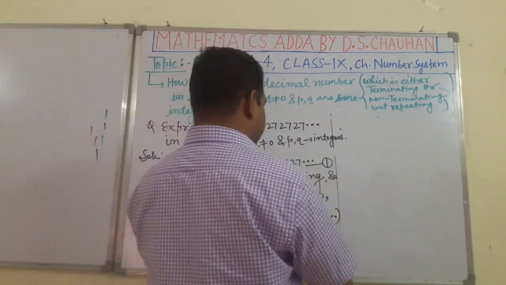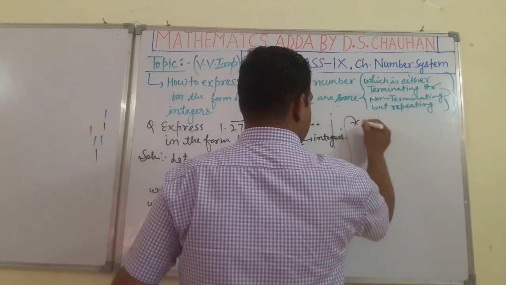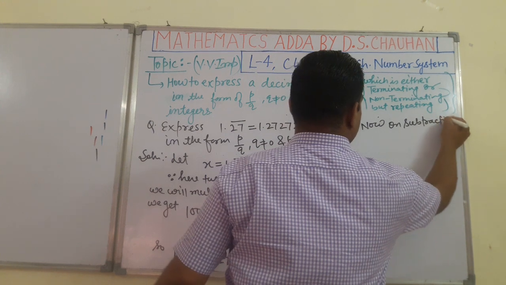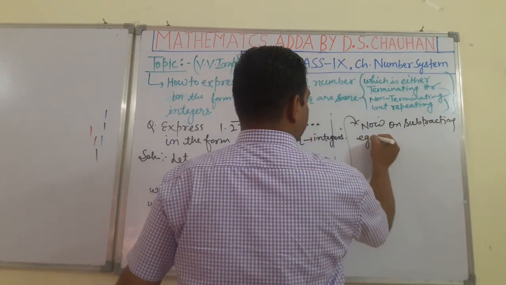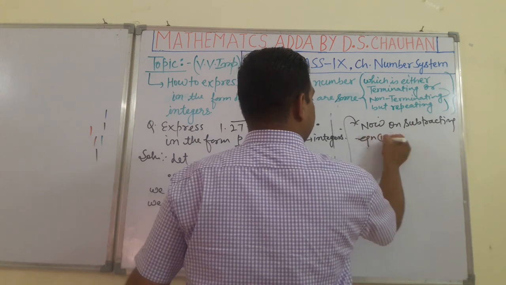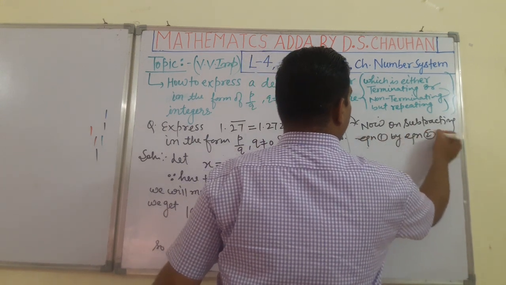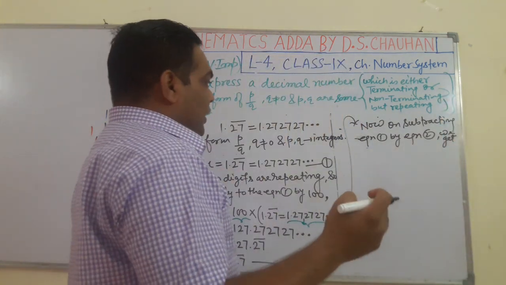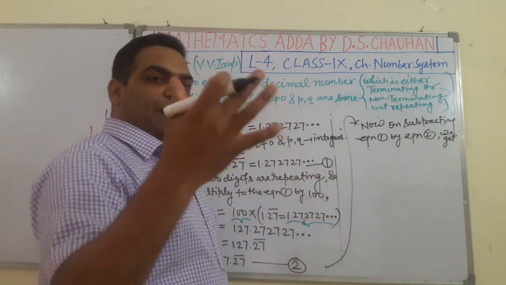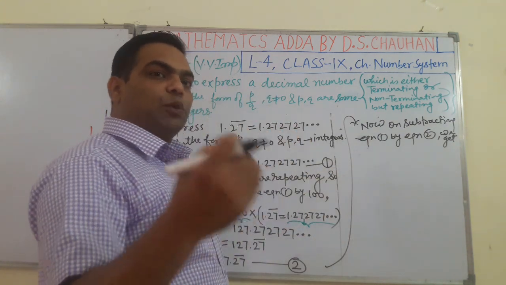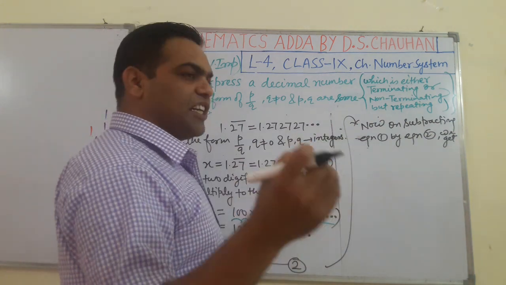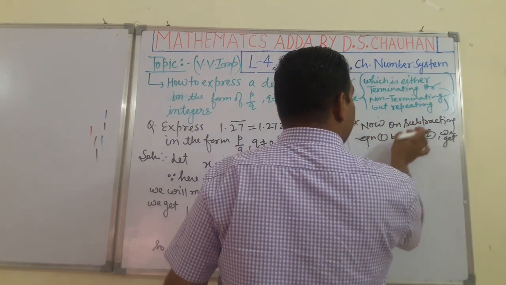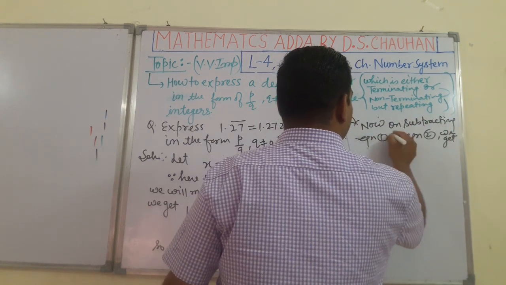So now, on subtracting equation 1 from equation 2, we get, students, whenever we are adding or subtracting equations, left to left and right to right is taking place.